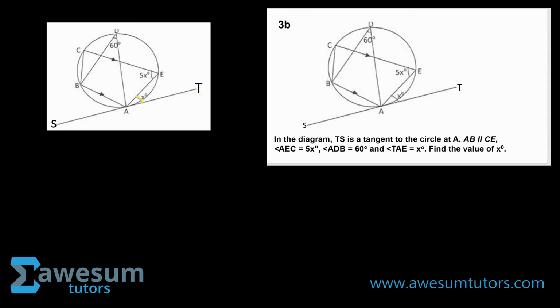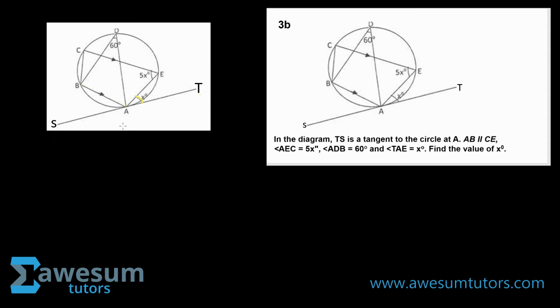There is a theorem that says that the angle between the tangent to a circle, this is the tangent ST, to a circle, and a chord, this is the chord BA, through the point of contact, this A right here is the point of contact, is equal to the angle in the alternate segment.